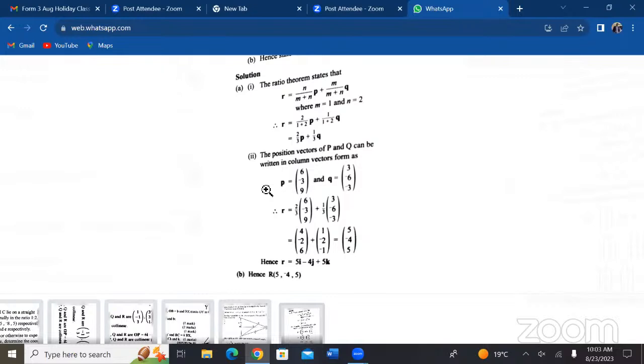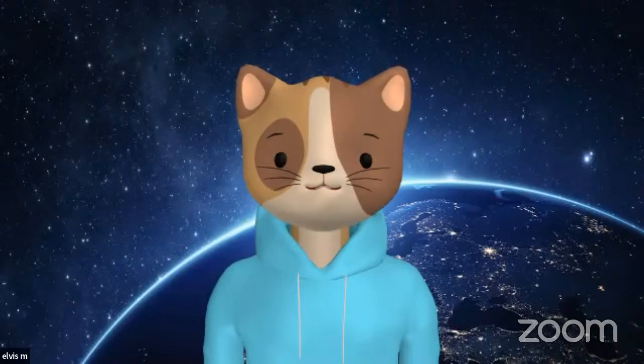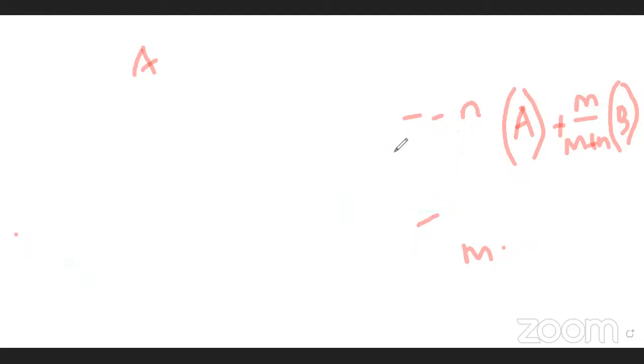Sometimes you can get a vector that has been divided. We use the same principle, but here you have to be careful because we've been told that the division is external. Either they will tell you that the division is external, or they'll give you M and N in a way that will suggest that it is external.